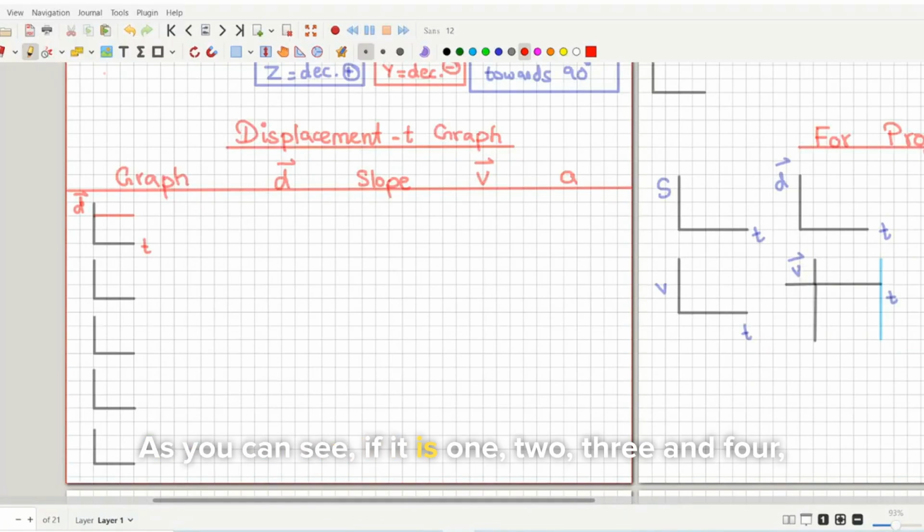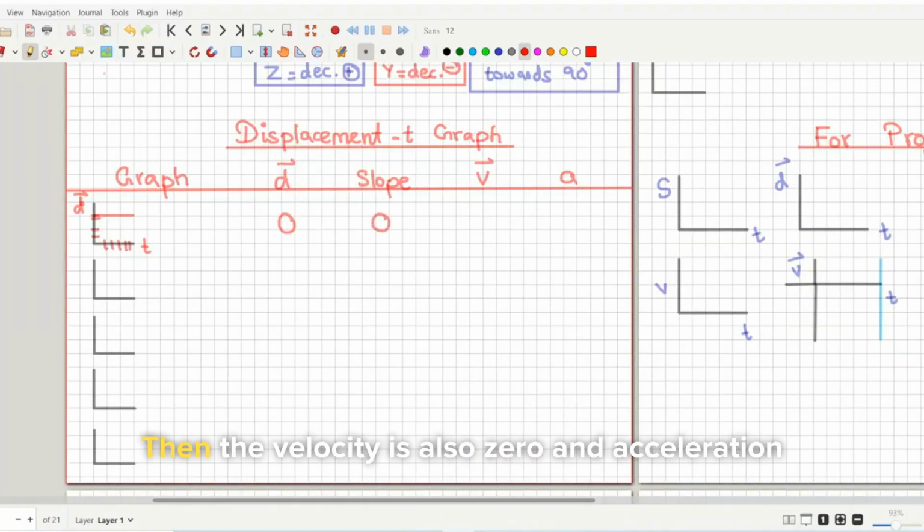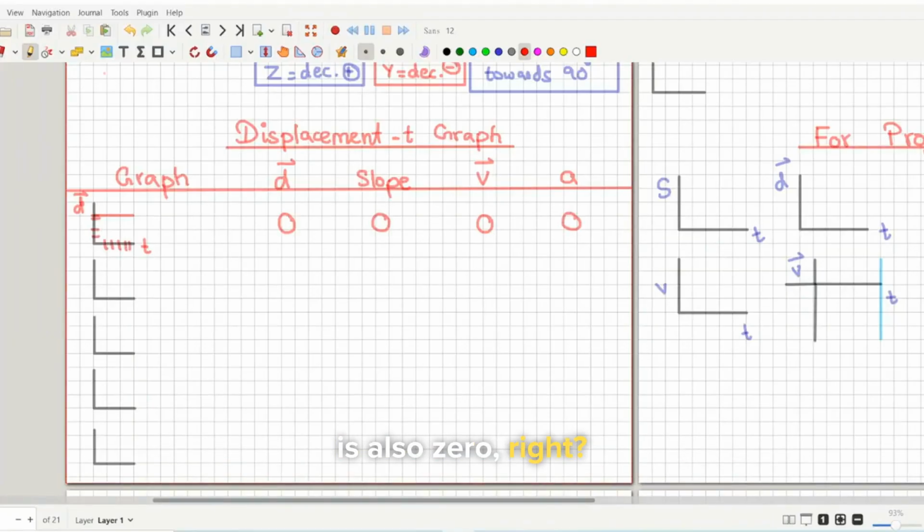As you can see, it reaches 4 and stops while the time is increasing, 1, 2, 3, 4, 5, 6, 7, 8, but the displacement stays the same. That means the object is still at its point, it is motionless. That means the displacement is 0. If the displacement is 0, then the slope is also 0, then the velocity is also 0 and acceleration is also 0, right? So it was not that hard.